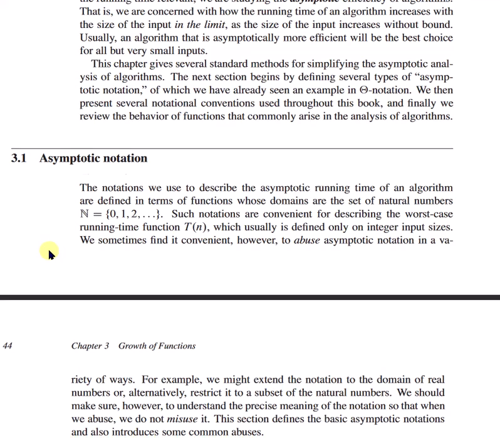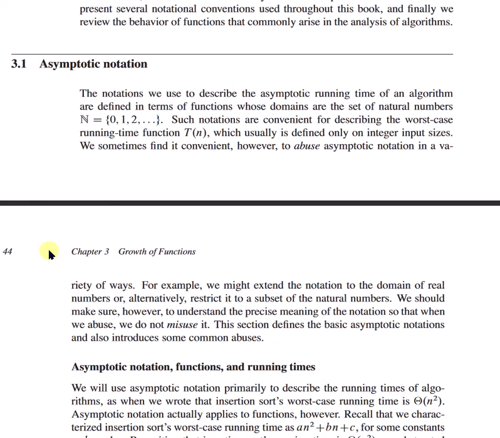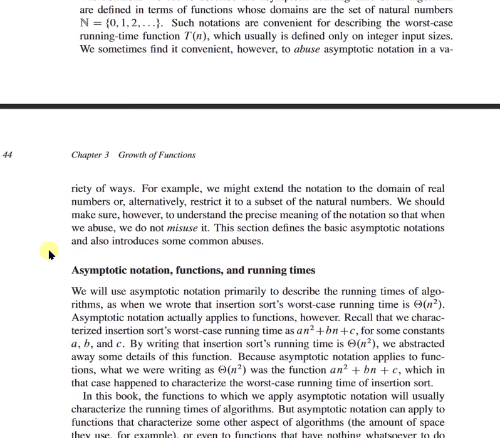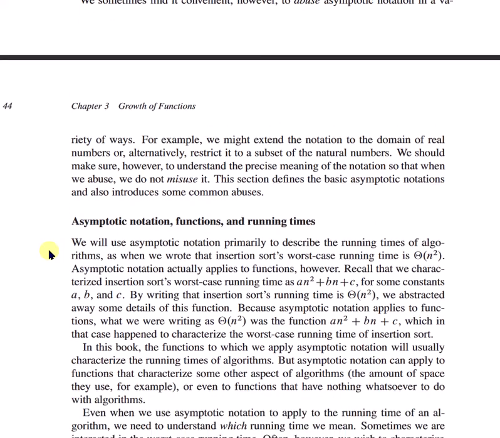We sometimes find it convenient, however, to abuse the asymptotic notation in a variety of ways. For example, we might extend the notation to the domain of real numbers or alternatively restrict it to a subset of natural numbers. We should make sure, however, to understand the precise meaning of the notation so that when we abuse it, we do not misuse it. This section defines the basic asymptotic notations and also introduces some common abuses.